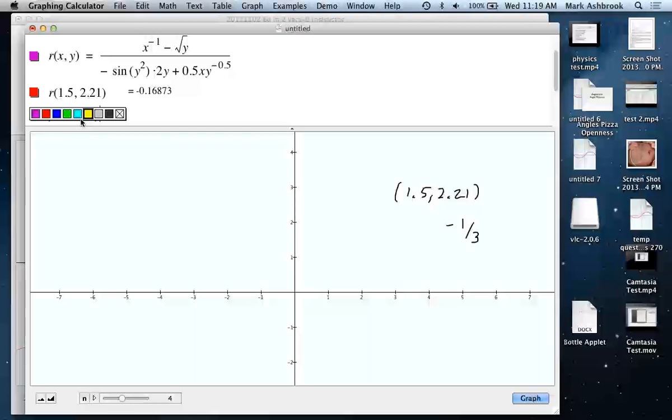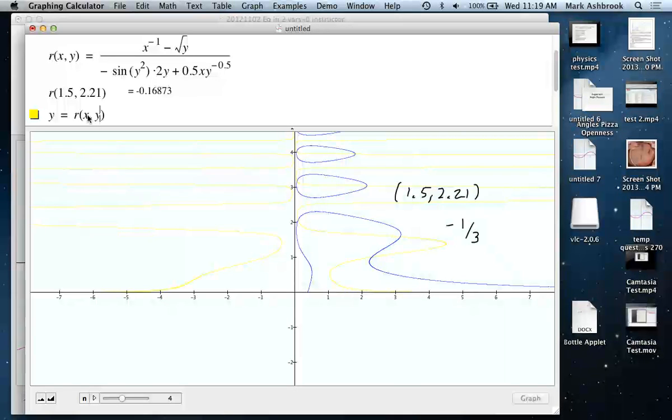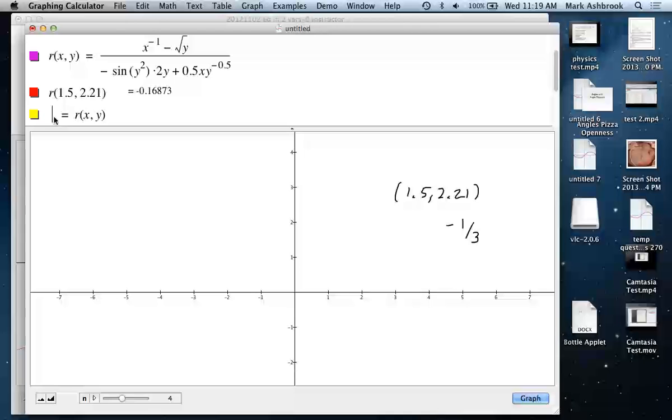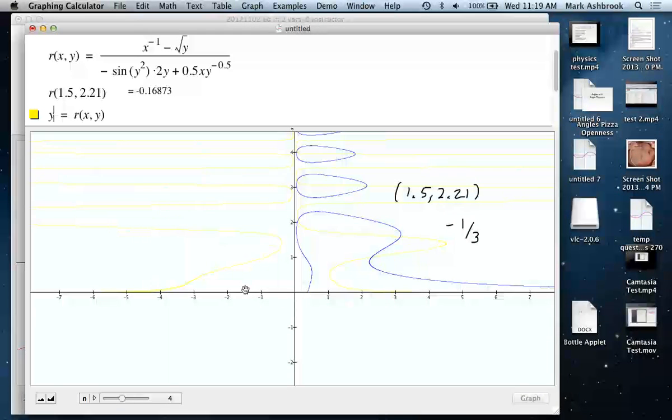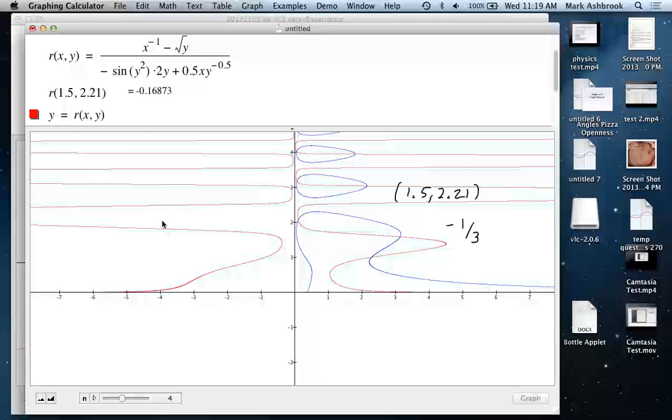I'll make it gold. Ready? Here we go. Oh, it worked. Can you change the color of it? No, this works. So at x equals 1.5, we have all these different places with different rates.